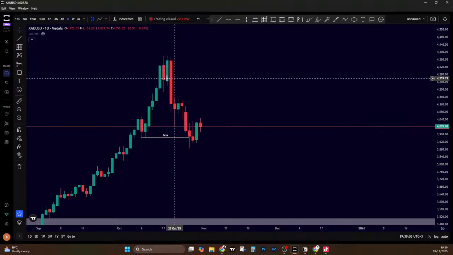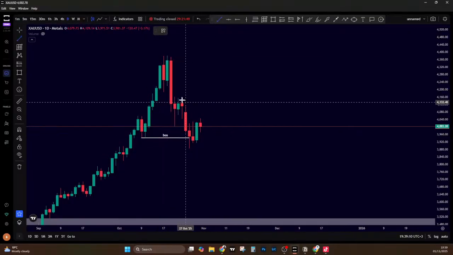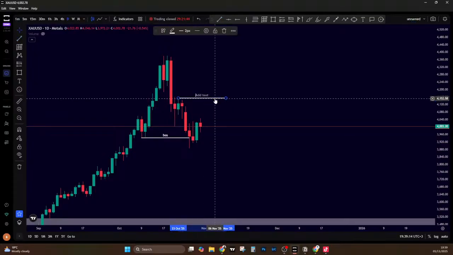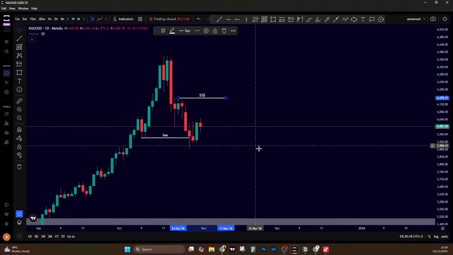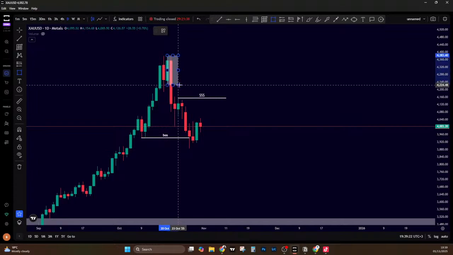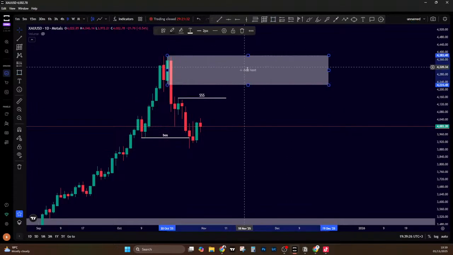And you can see the selling pressure was too much, and then we have liquidity over here. We have liquidity over there, and then we have an order block here. This is a sell order block.